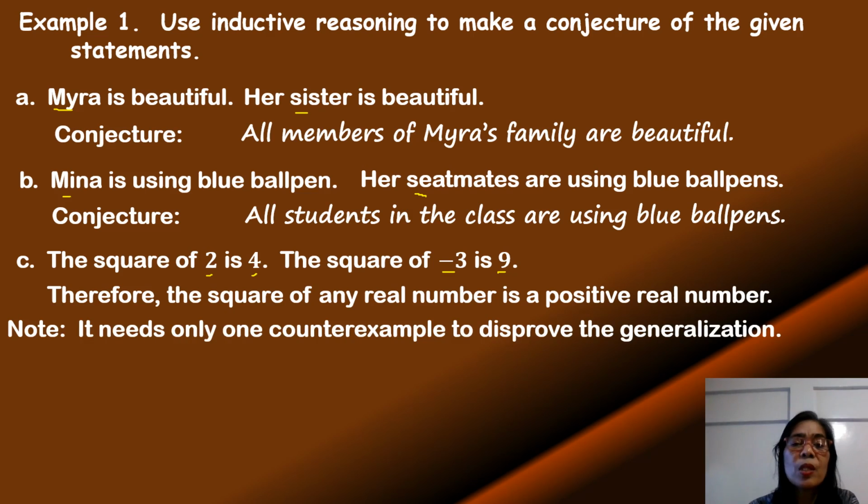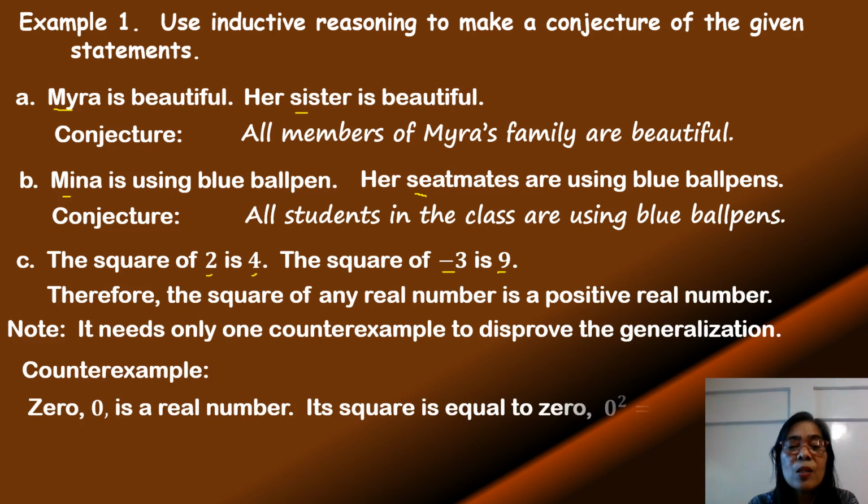Okay, let us consider the third example, that the square of any real number is a positive real number, derived from the given two statements that the square of 2 is 4 and the square of -3 is 9. Let us consider in here 0. We know 0 is a real number. It is a real number, however, its square is equal to 0. We know that 0 is not a positive real number.